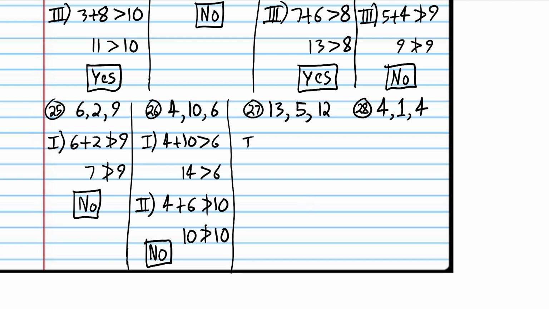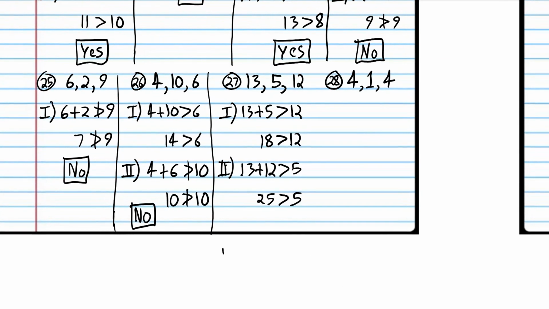All right, we're back. We're going to try our first inequality. 13 plus 5 must be greater than 12. Is that correct? Yes, it is. No problem there. What about 13 plus 12? That must be greater than 5. Is that correct? Yes, it is. So no problem there.